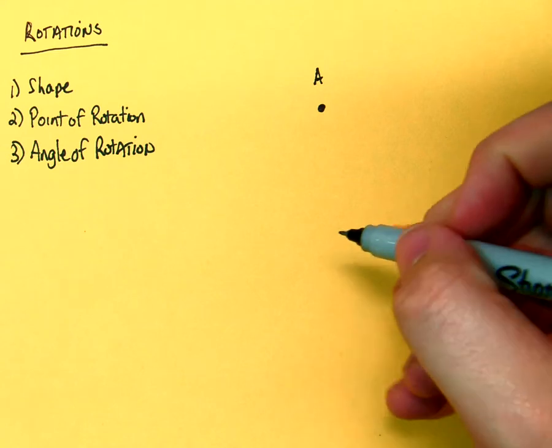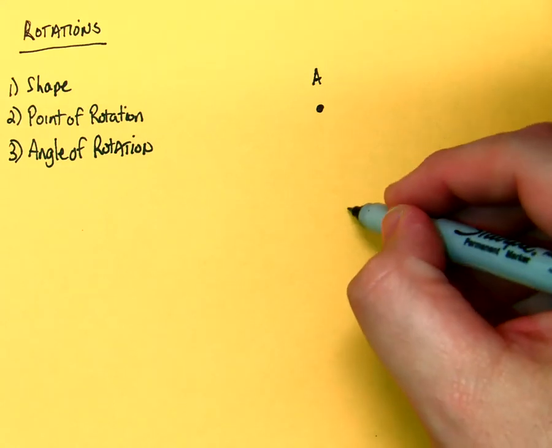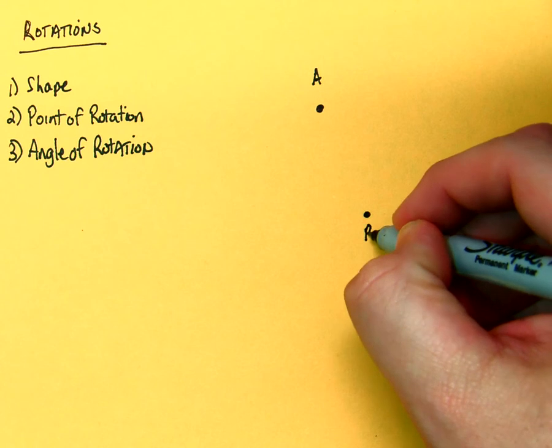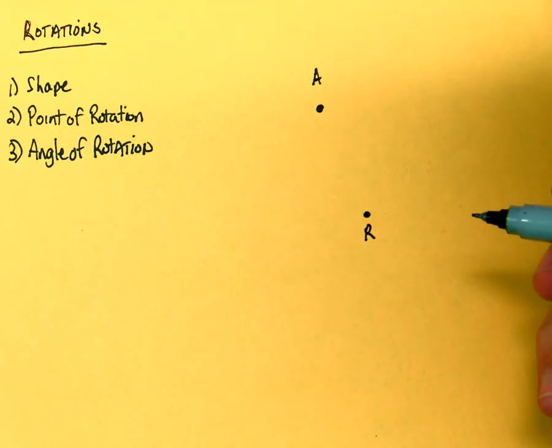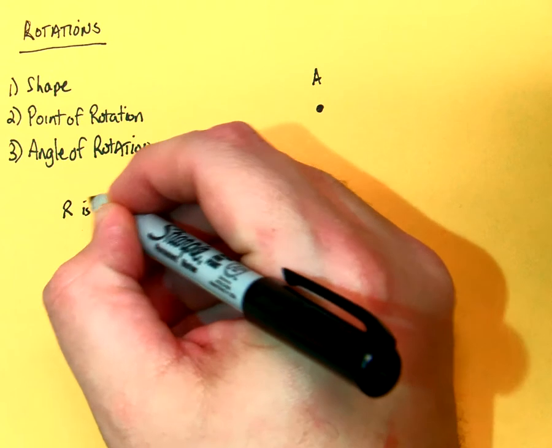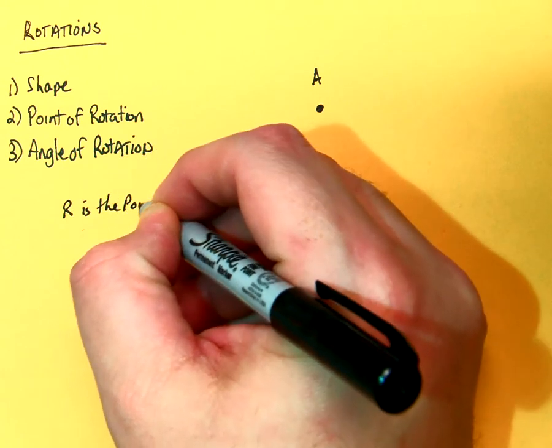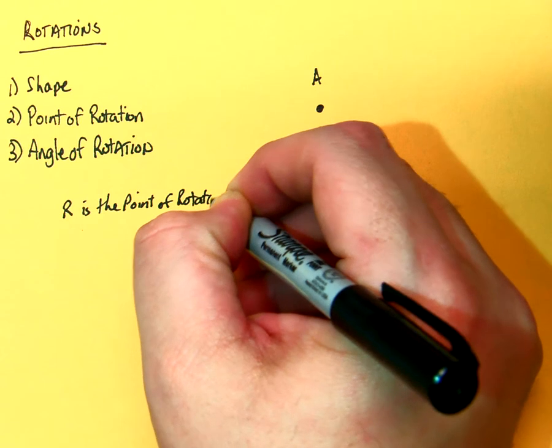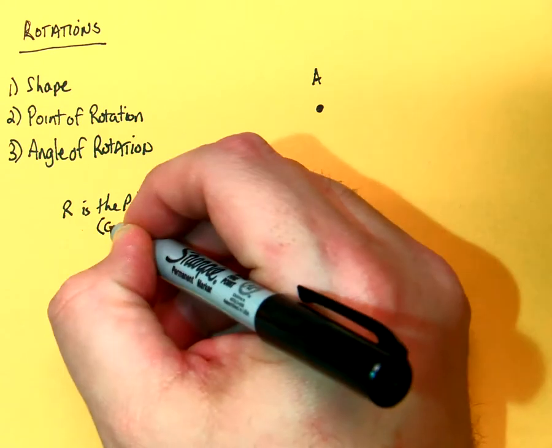Alright, so I'm going to start with A here, and I'm going to put R down here. So I'm going to say that R is the point of rotation. And you could think of this as your center point.